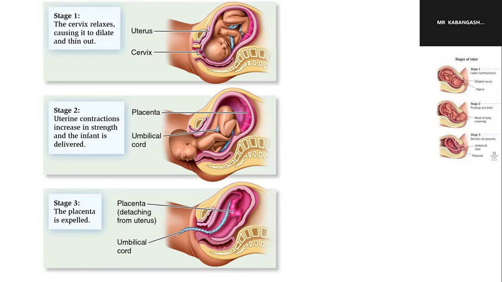Then linen must be clean as well and dry. You don't want infections, maybe to the mother or even the baby, so you're preventing infection and just for comfort, you don't want to keep this woman on soiled linen for too long.